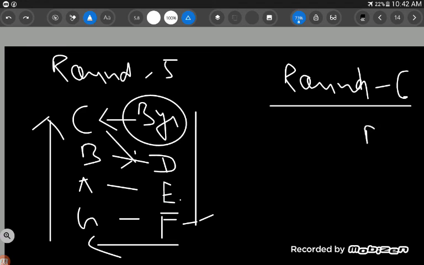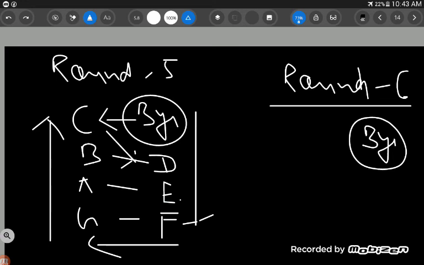Again you will write the bye first, and you will put it in a circle. Then the remaining teams you will rotate. Which team will come at the place of C and D?